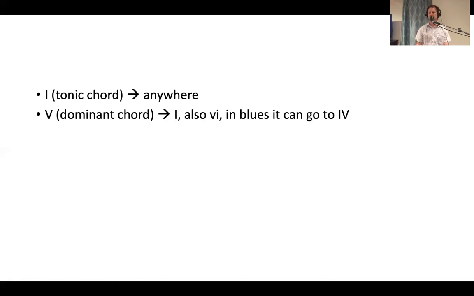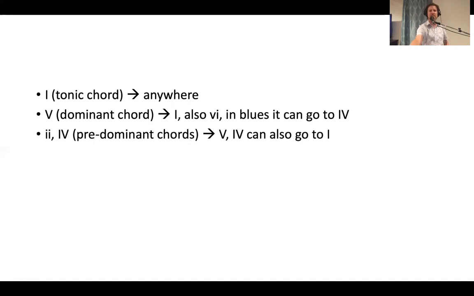So again, in blues-based music, you might hear 5 going to 4, but anywhere else, most often it goes to 1. 6 is also kind of an artistic, deceptive option.